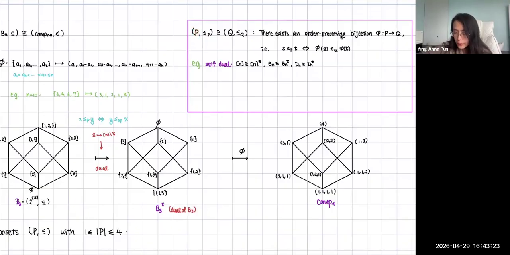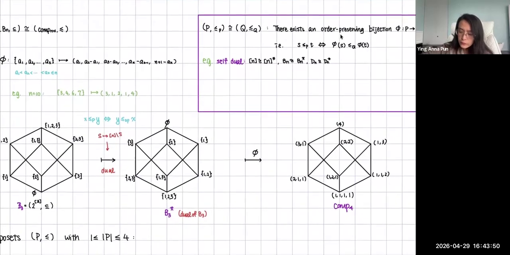If they're comparable, like S and T are comparable, then when you go through your map and land in Q, those two images have to preserve the same order, and also vice versa. So that's the order-preserving bijection. And if they have such a map, then they are isomorphic.